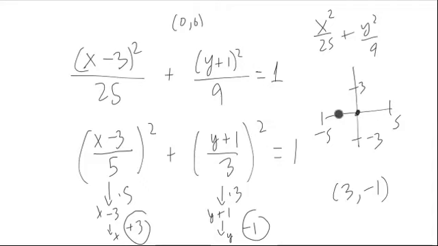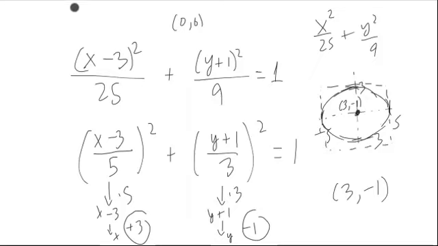So really what we can do in our picture is just make these dotted lines, and then just label this point as 3, -1. And then just draw the ellipse around it. It fits in this box right here.